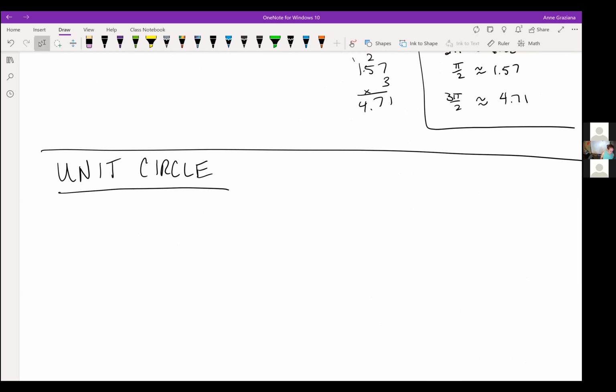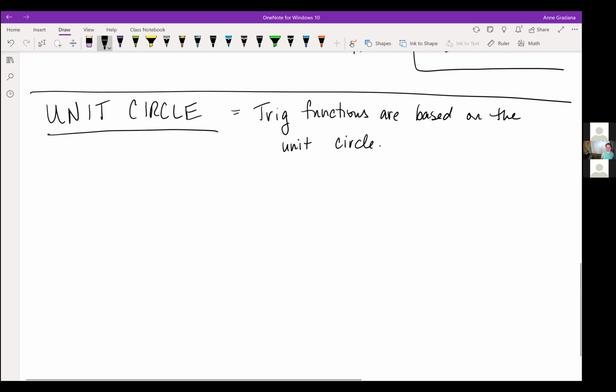Trig functions are based on the unit circle. So we have to get to know it pretty well. And again, we're going to do a gentle introduction to the unit circle. When you get into pre-calc, you'll do a lot more with it.